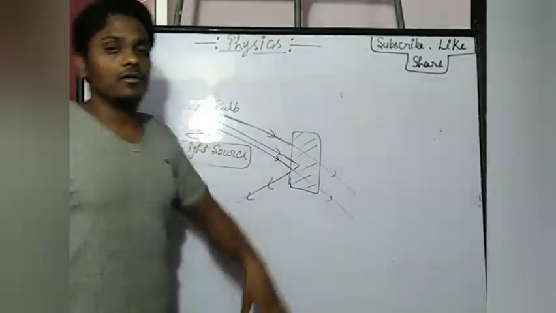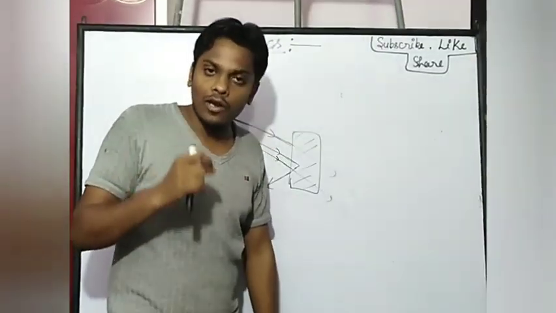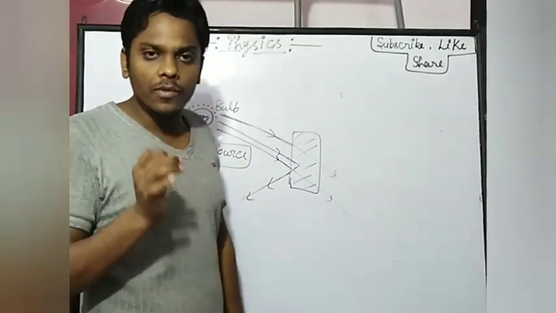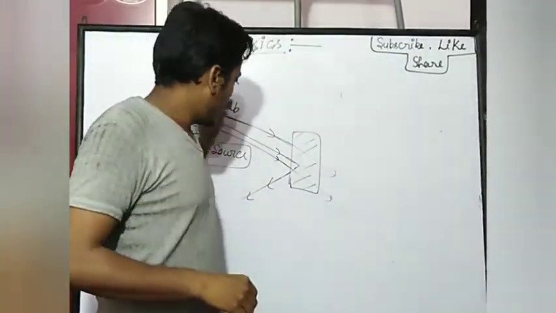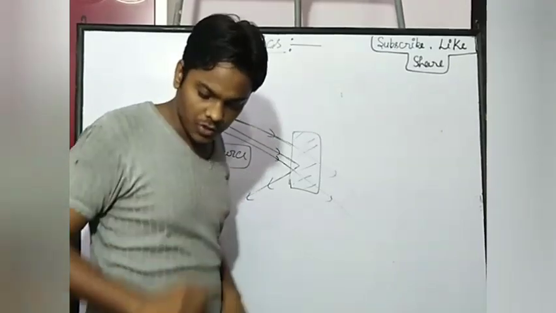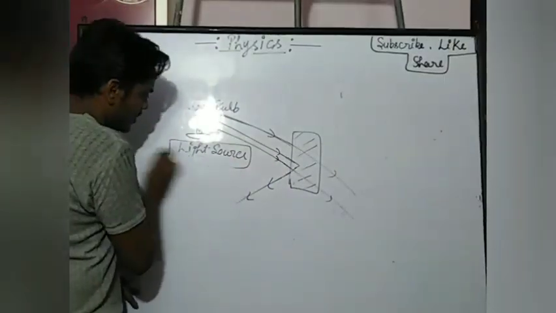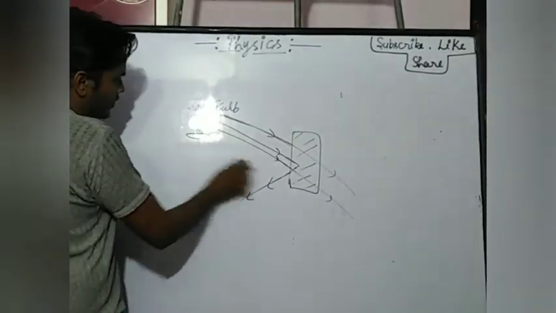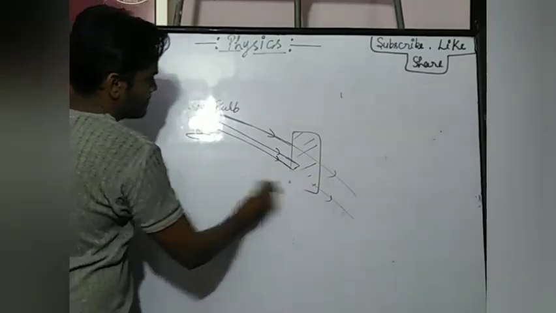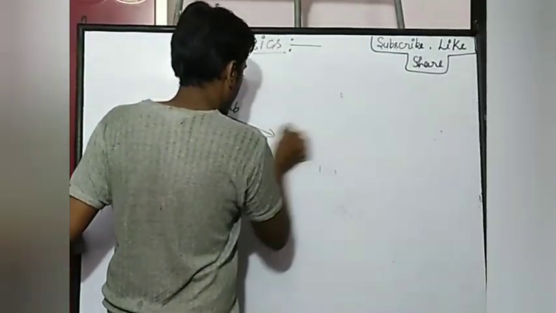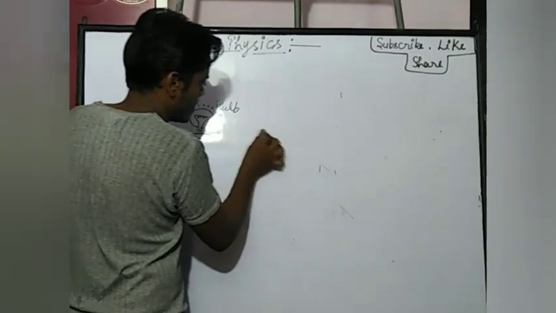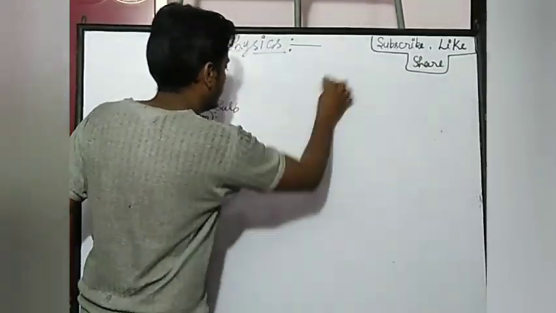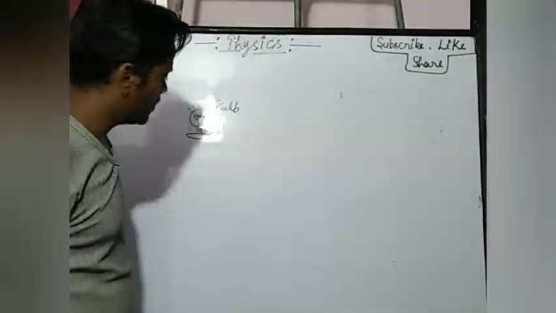That ray of light, or light ray, follows some pattern while passing through an object. So what is that phenomenon called?